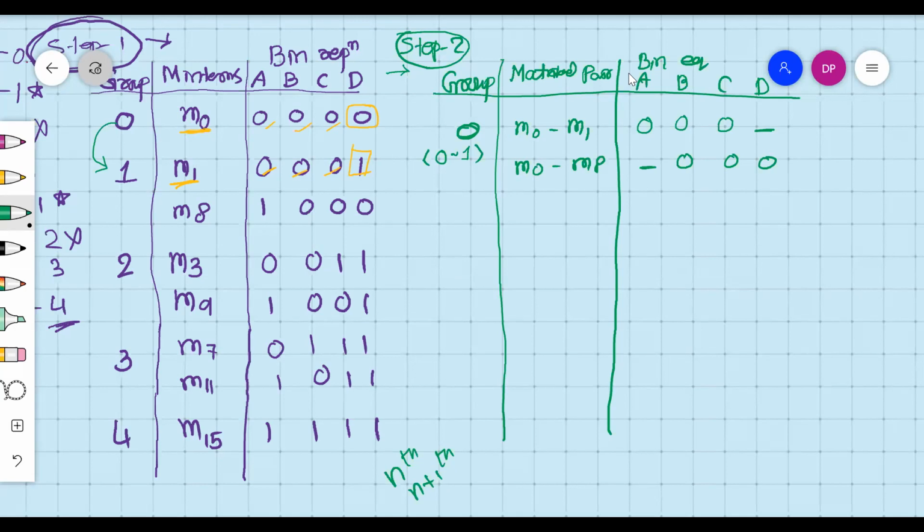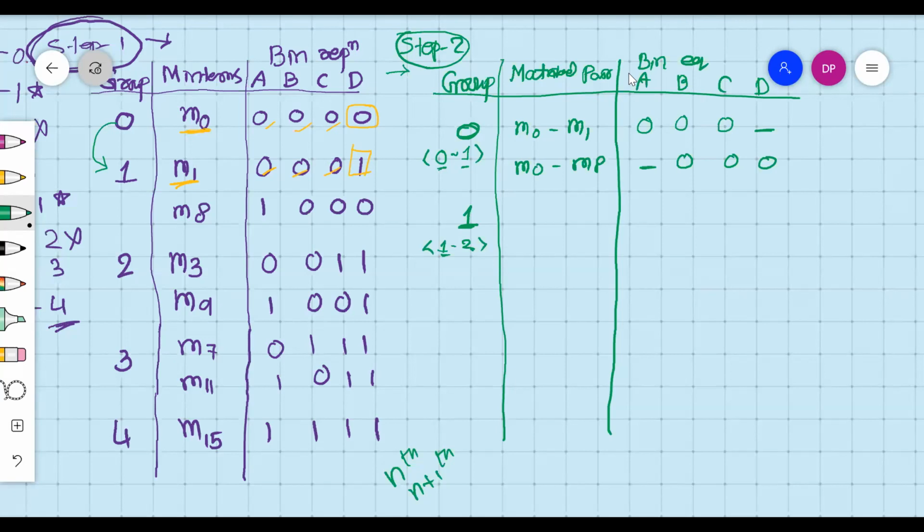Now let's make group 1 for table 2, and in group 1 the comparison will be among the first group and second group of the first table. So m1 will be compared with m3. Compare m1 with m3: 0 0 0 1, and this is 0 0 1 1.